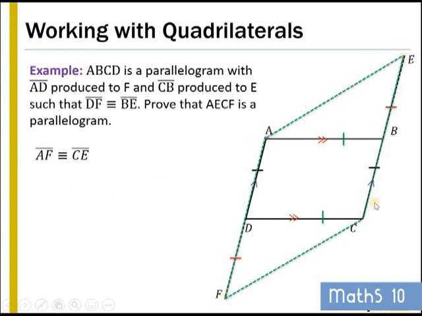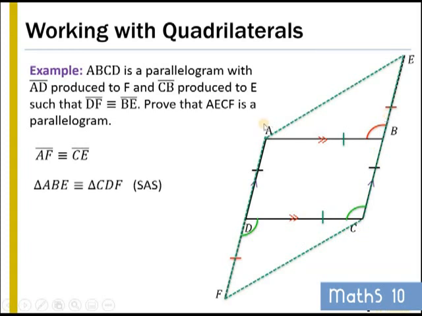AECF, we're trying to prove that this quadrilateral is a parallelogram. These two angles are corresponding, so they are equal, and these two angles are alternate, so they are equal. So all three of these angles are equal.